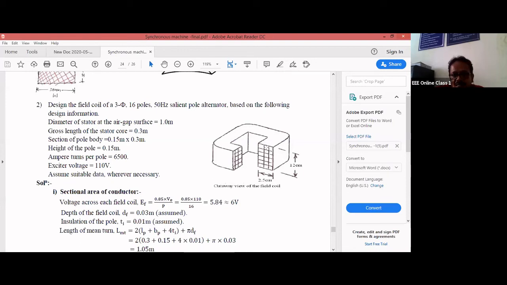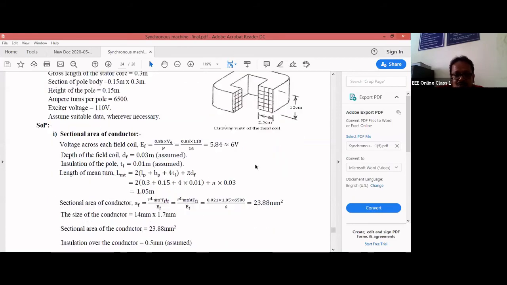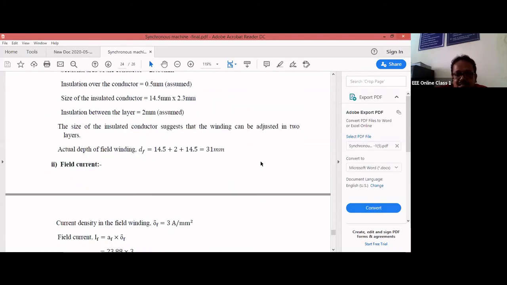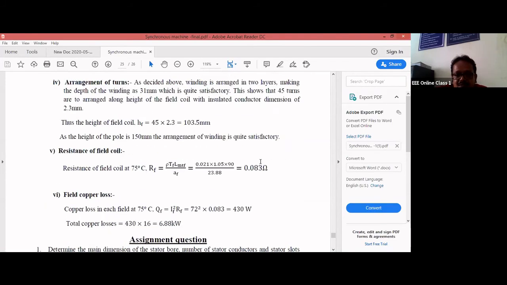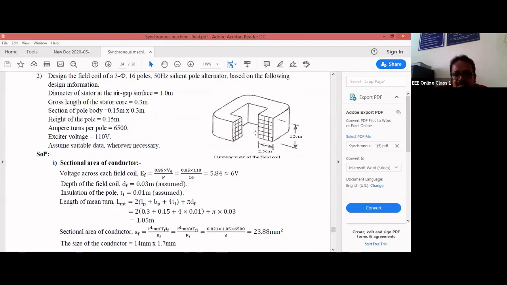Then we have insulation between the layers, then again 14.5. Once again I'll tell you: this is 14.5, and we'll have some insulation of 2 mm, and once again 14.5. Only 2 layers you're going to do.